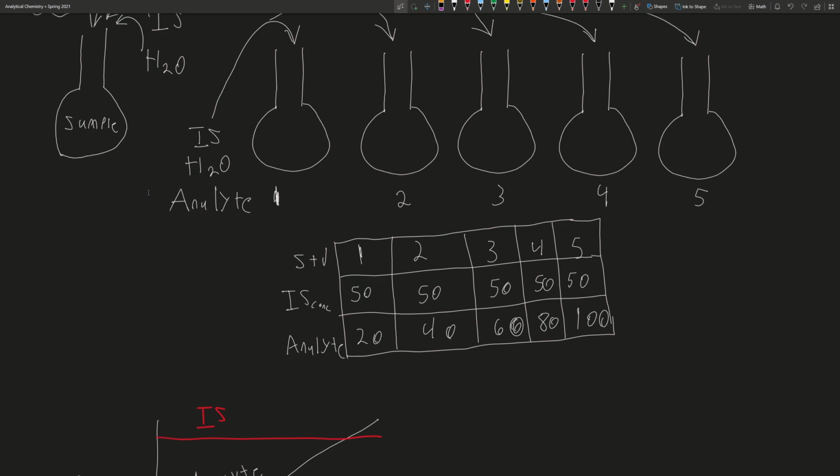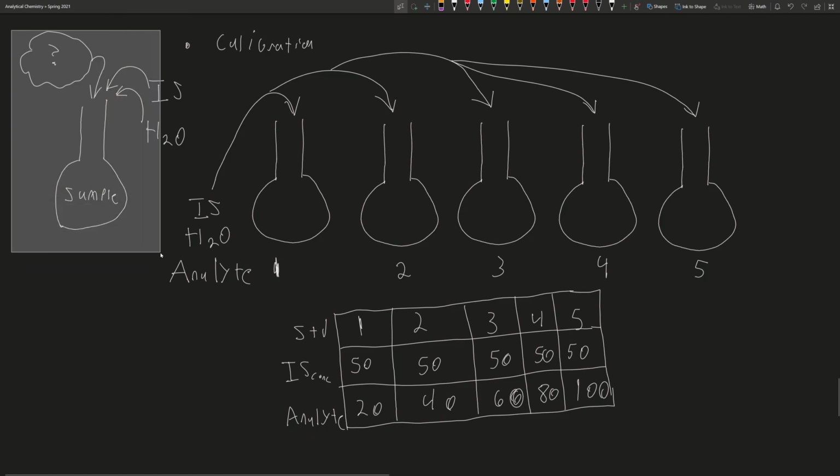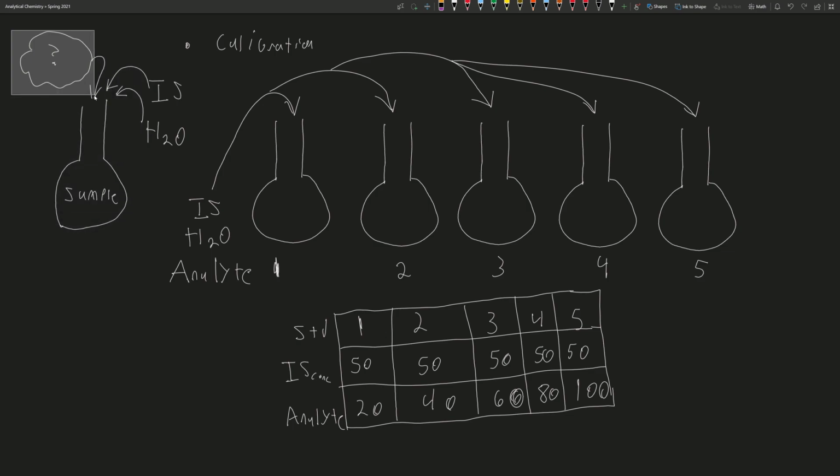Then, after we completed our entire workup on the sample, we would then have this guy right here, which is our initial sample ready to be analyzed. And this sample right here would contain the internal standard as well as our unknown analyte. And if anything happened to our analyte in our process of preparing it, we would expect to see a similar thing occur to our internal standard.